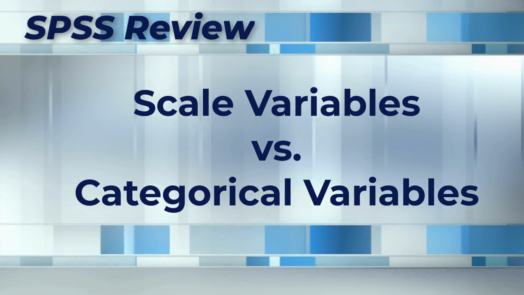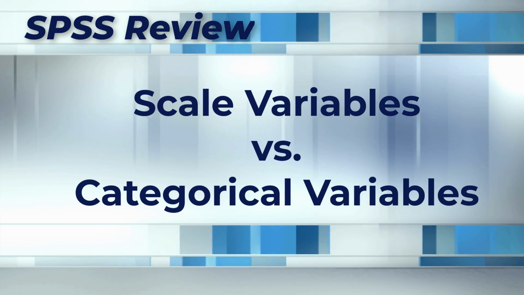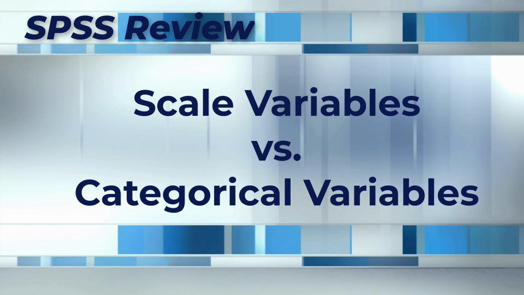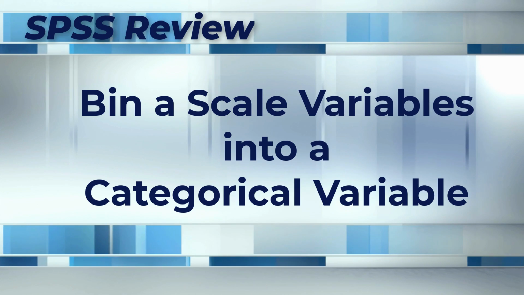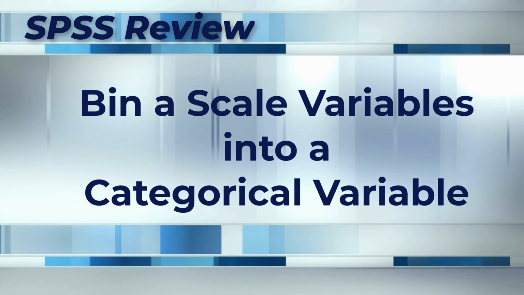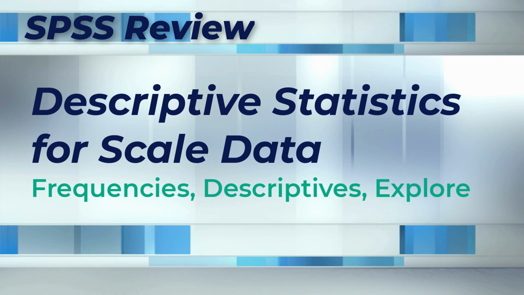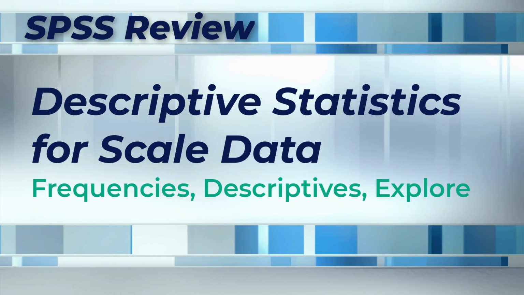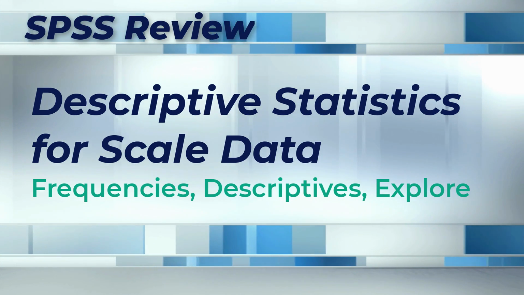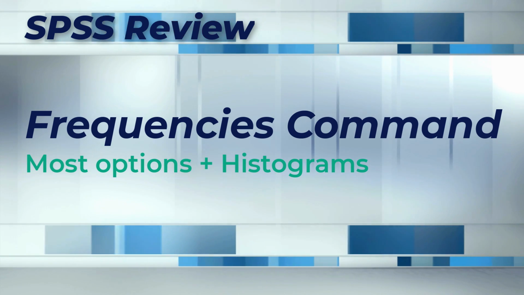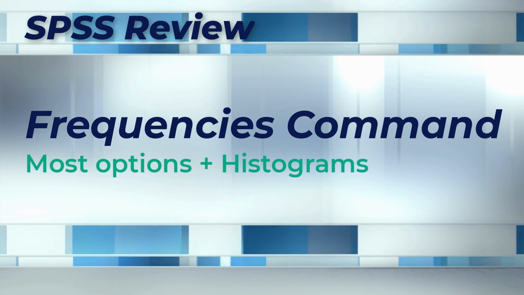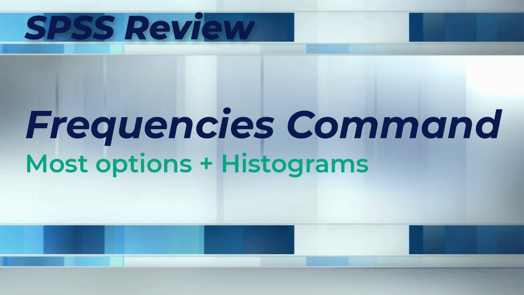So let's review what you've learned. You understand scale variables and how they differ from categorical variables. You can create a bin variable from a scale variable. You have seen multiple ways to get simple descriptive statistics. The frequency command gives us lots of options and produces histograms.